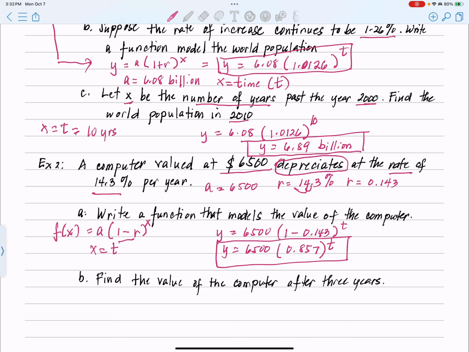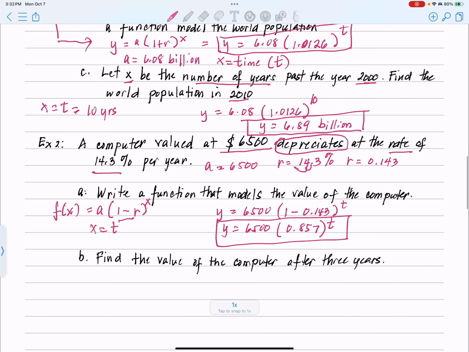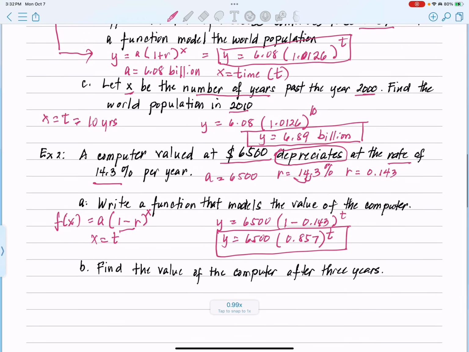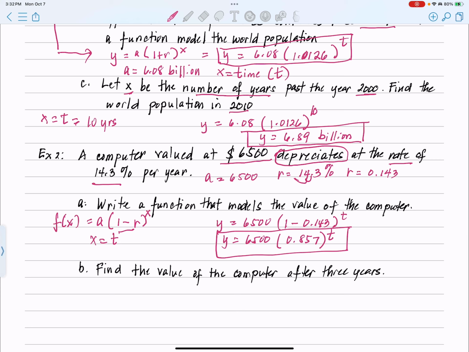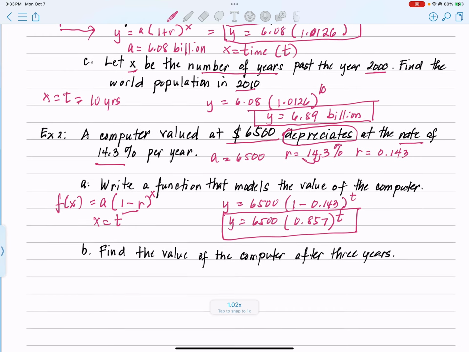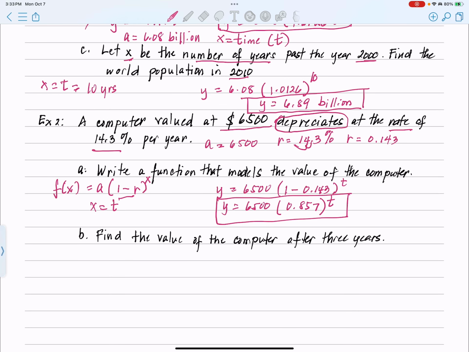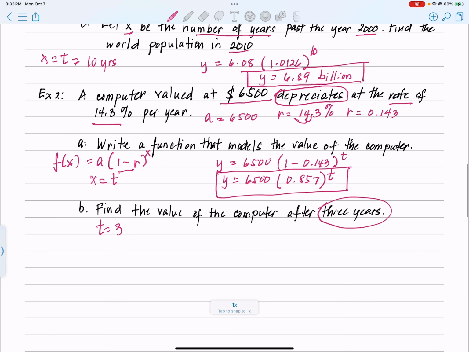Then you're asked to find the value. What is our time? Do we have the time here? Find the value of the computer after 3 years. So our t is 3. It's there in the problem.